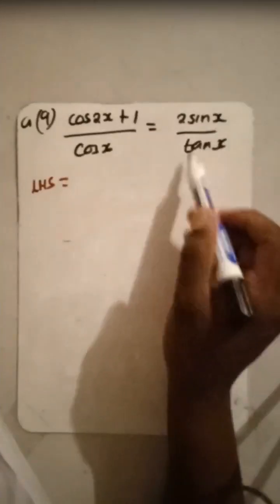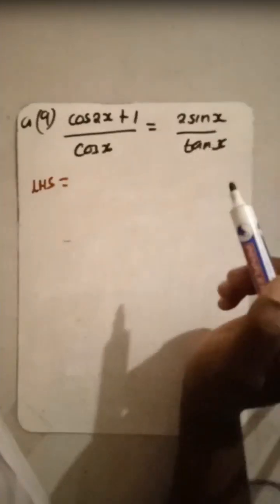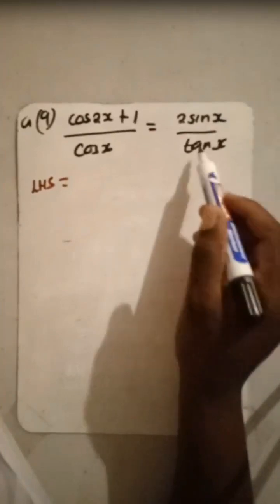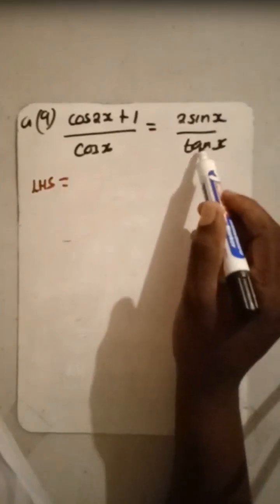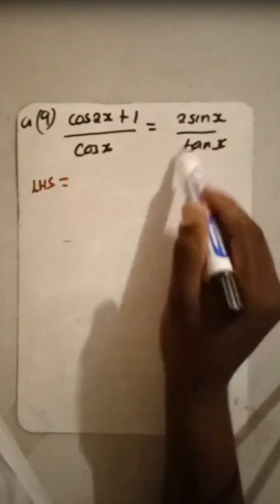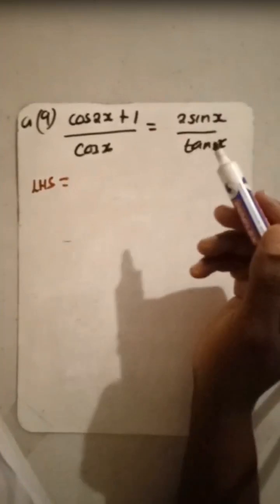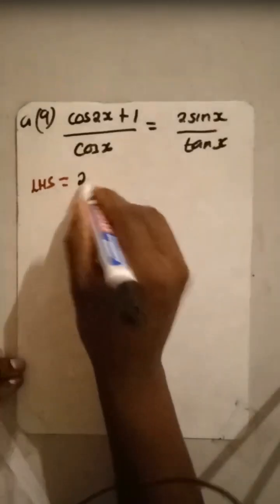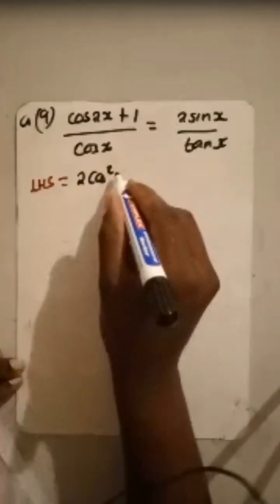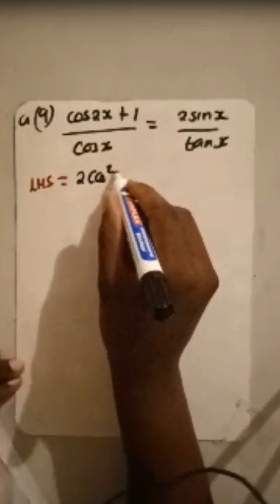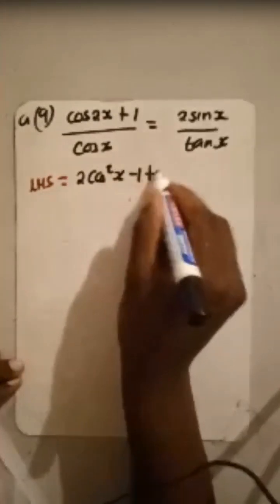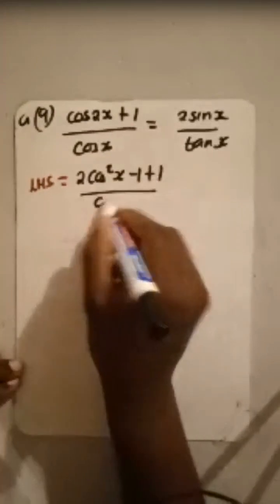If we check this side, we'll see one thing. What are we going to see? We are going to see that we are having sine x over cos x, that is tan. Okay, I'm going to come to that part of dividing with fractions, right? So here on top, I would rather choose 2 cos squared x minus 1 plus 1 over cos x, right?